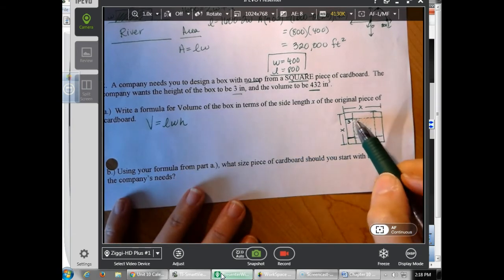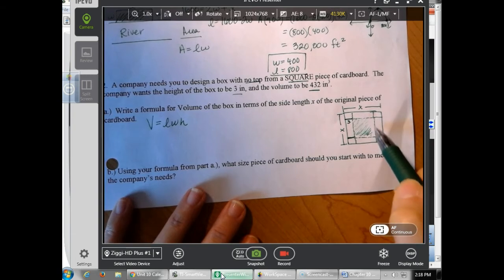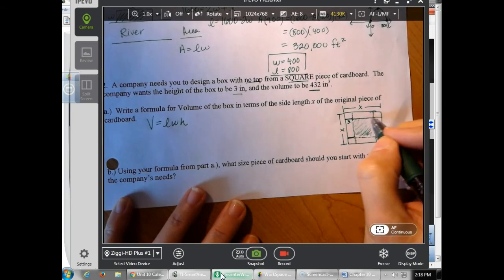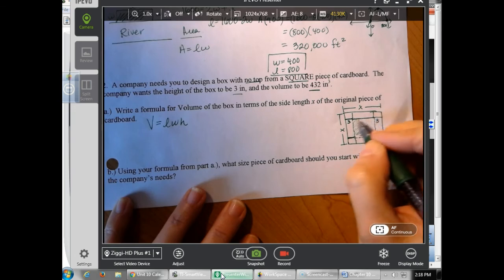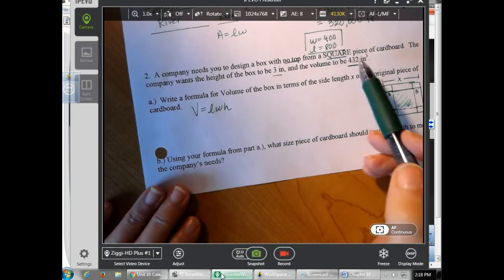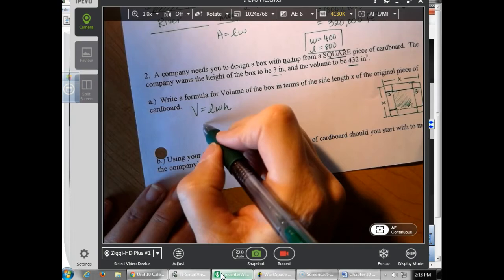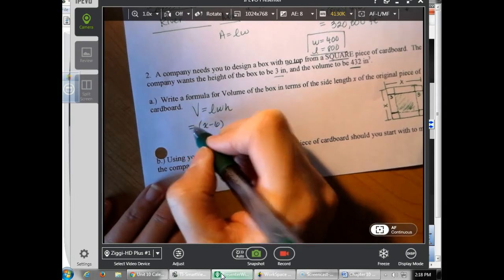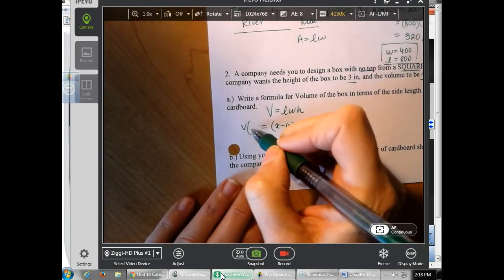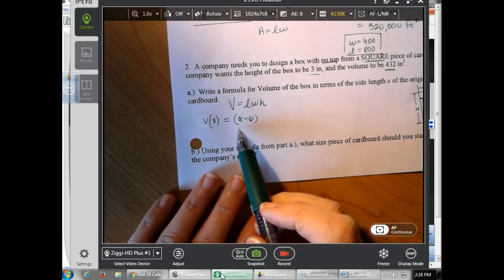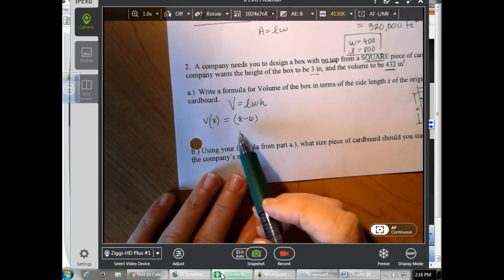I don't know the length and the width here, but I could say that this piece right here is x minus 6, because I have my unknown dimension for the square piece of cardboard. So I'm going to say I have x minus 6, and I'm going to say volume based on x, where x would be the original dimensions of the square piece of cardboard.